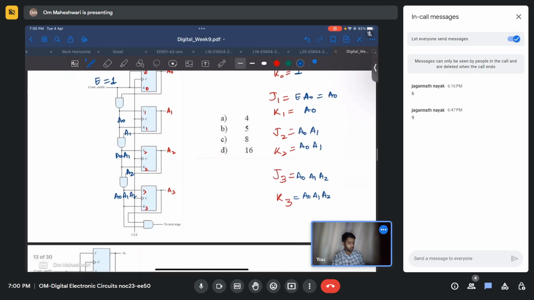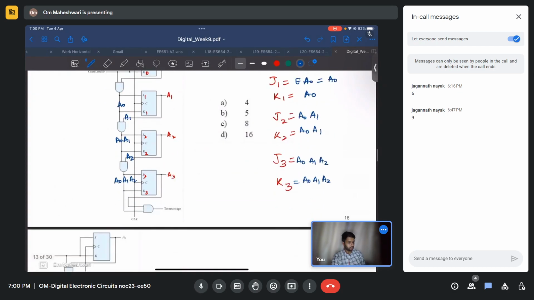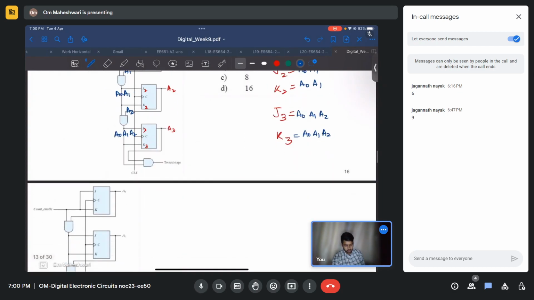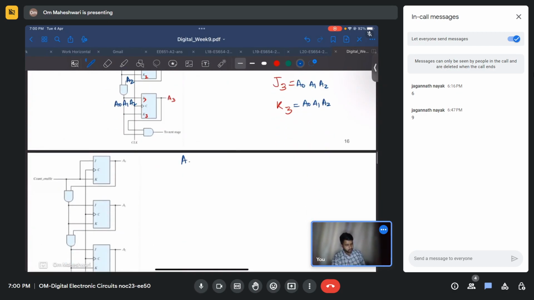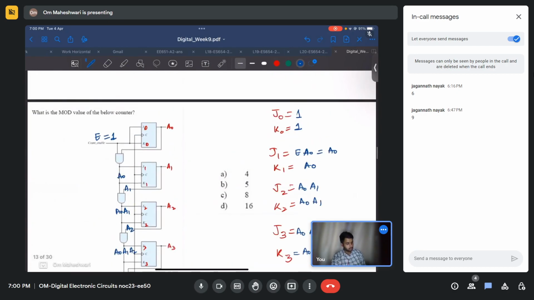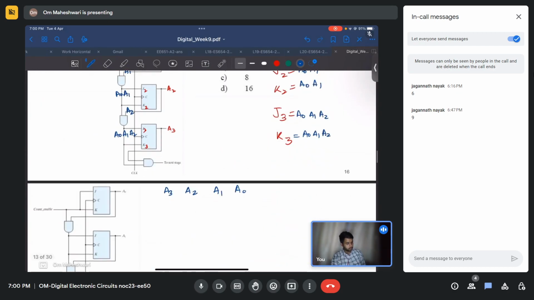Okay, so now let us make the table. A3, A2, A1, A0, here J0, K0, J1, K1, J2, K2, J3, K3.